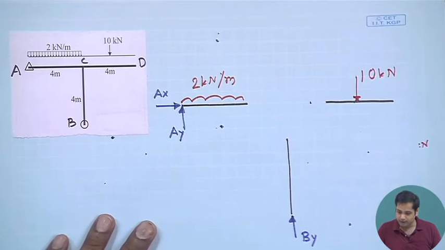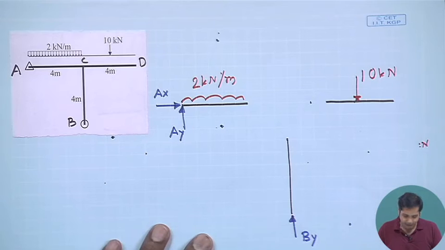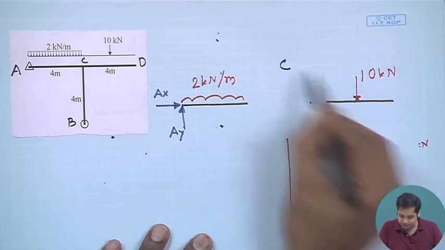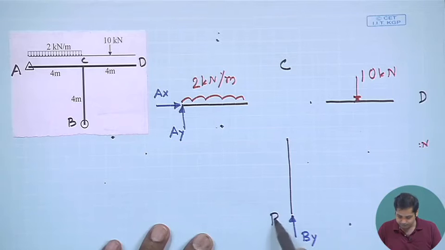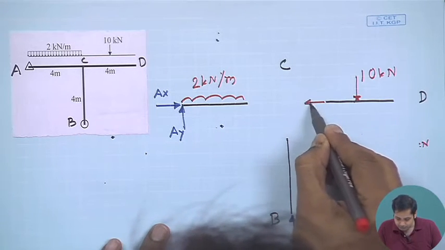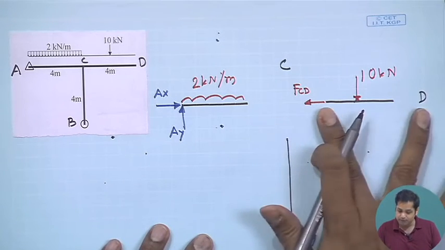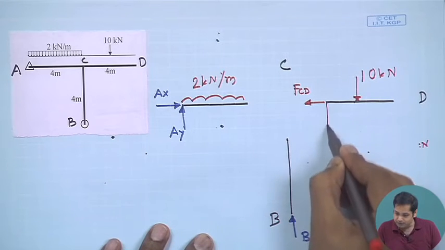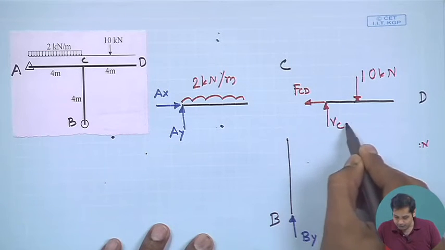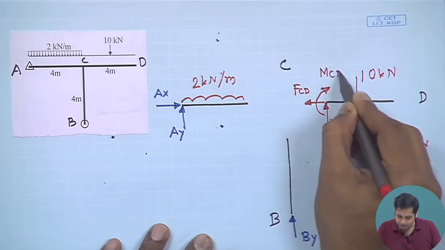Now let us draw the internal forces. This is A, this is C, this is D, and this is B. Now the joint C belongs to this part and this part. This force is FCD, the longitudinal force in member CD. This force is VCD and this is MCD.